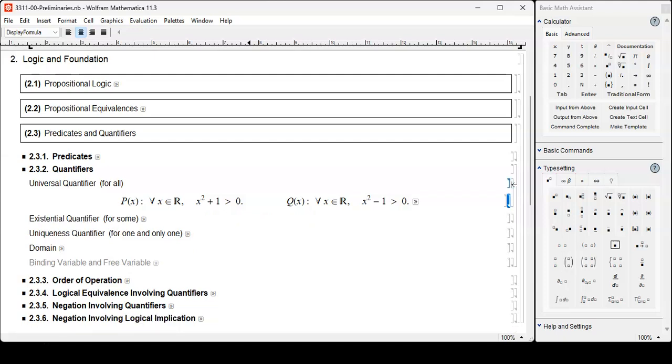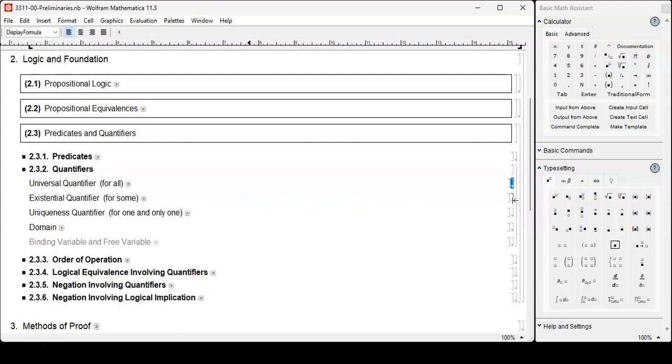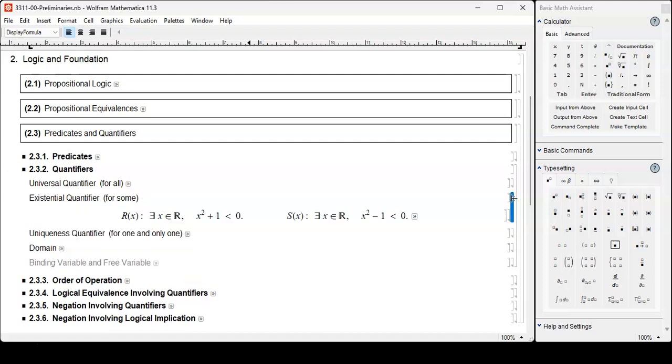Next, existential quantifier, for some. For some real number x, x squared plus 1 is less than 0. For some real number x, x squared minus 1 is less than 0. This one is false because x squared plus 1 is always positive. This one is going to be true for some x, such as x is 0 or x is 1/2.